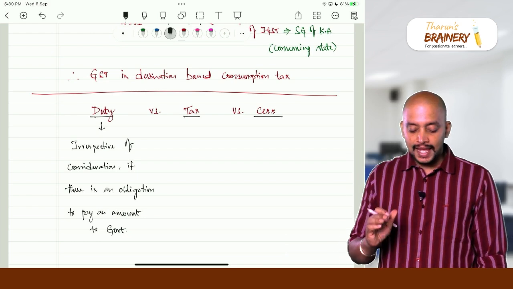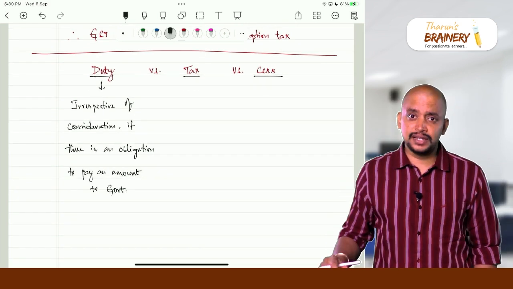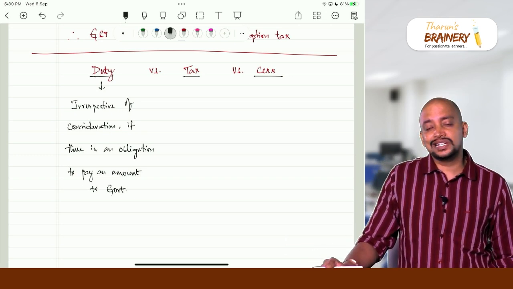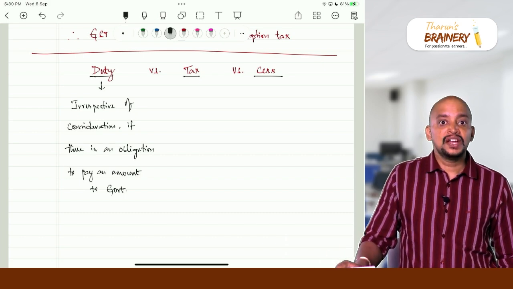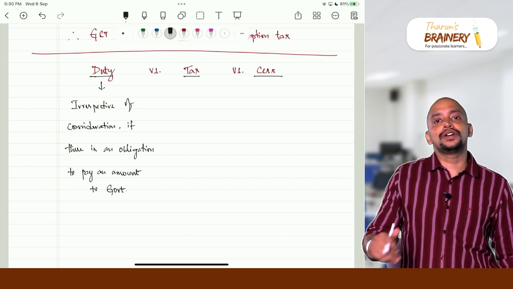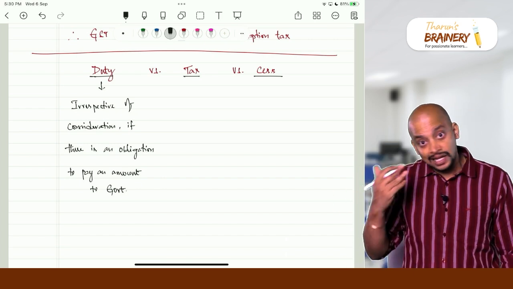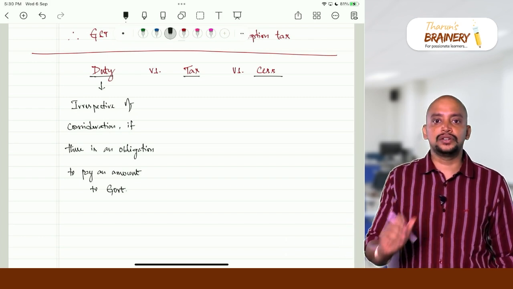Example, excise duty. Even today we have excise duty. On some goods, state excise duty, central excise duty, like that we have. You manufacture some goods. Whether you sell those goods or you throw them in the Bay of Bengal, you need to pay excise duty. You sell it or you don't sell it, you have to pay the excise duty.